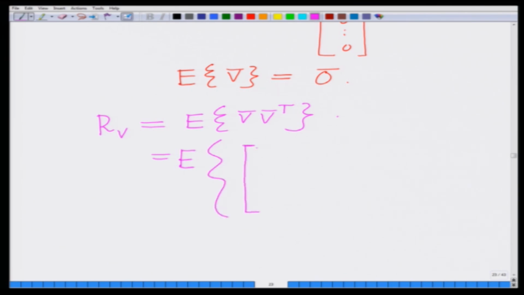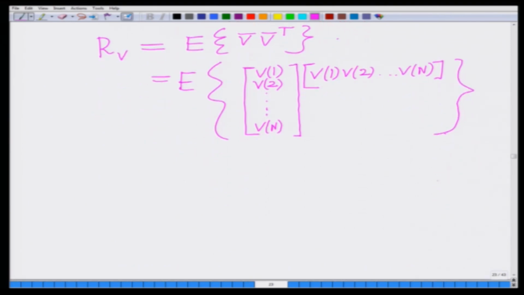If I simplify this, it is the expected value of the column matrix V1, V2, so on Vn, times the row matrix V1, V2, Vn. This is sometimes also known as the outer product of the vector V bar with V bar transpose.